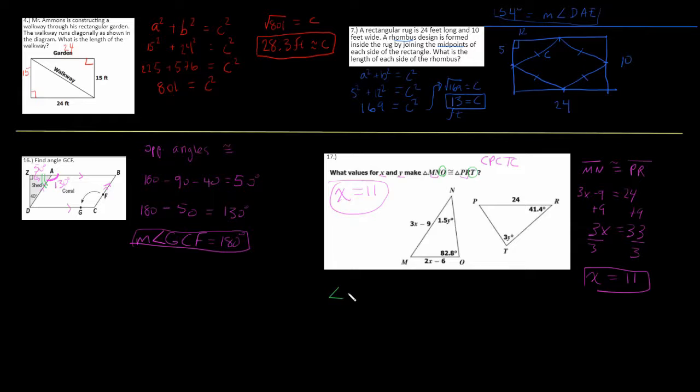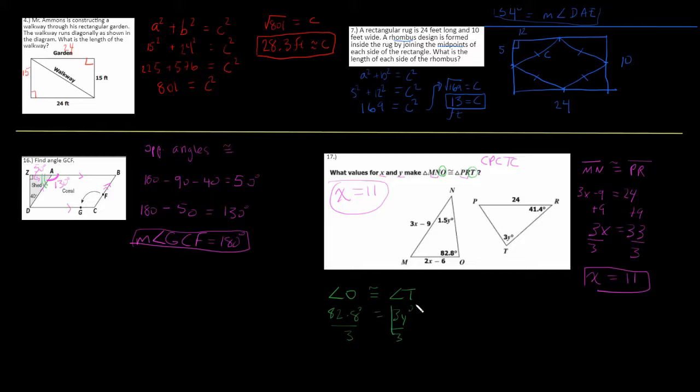So we know that angle O is congruent to angle T. So 82.8 degrees is equal to 3y degrees. And let's go ahead, solve for y. Divide by 3. Now, is this going to give us a nice number? No, it'll give us a decimal, and that's okay.